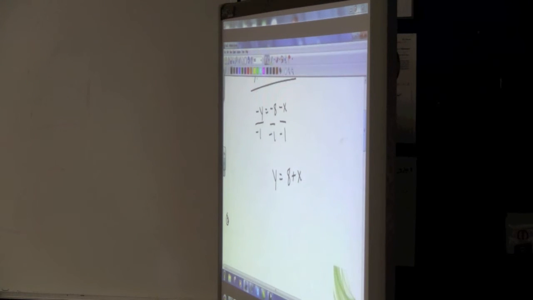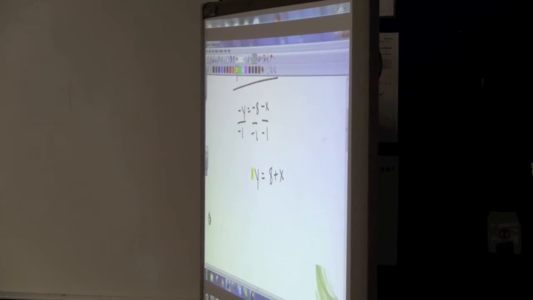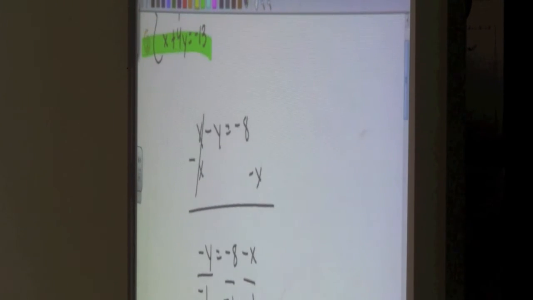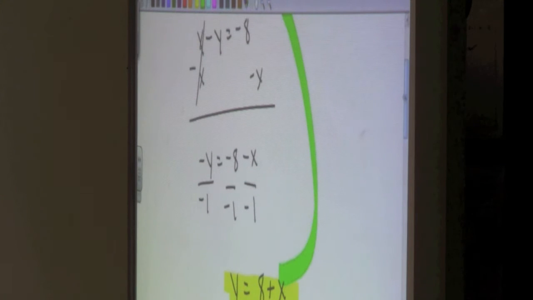So this is what we get for y. So what we have to do is apply the y to our second equation. So let's put it in our second equation.